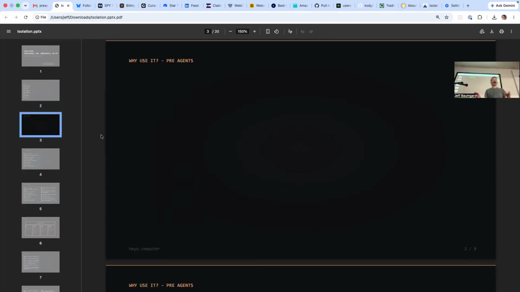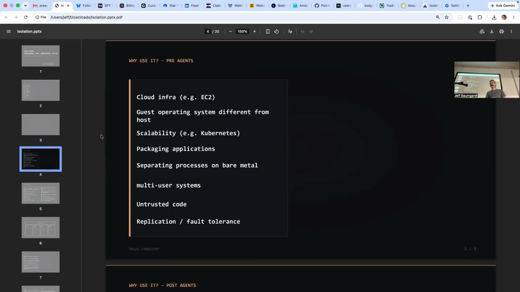All right, so why do we want to use isolation systems? We're going to split this up into two sections. Pre-agents, so maybe 2022 and older, and then we'll go into the post-agent era where we are now. All right, so pre-agents, there's a number of different reasons why we're going to use isolation systems.